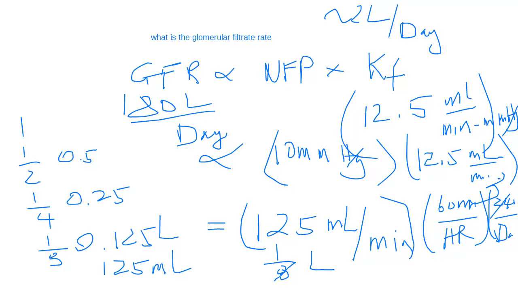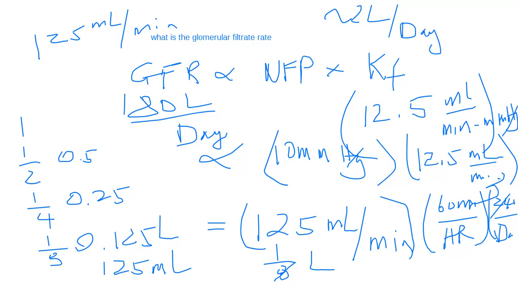But this number is important because 125 milliliters per minute is our standard, if you will. So what happens when we want to determine this for an unknown person?